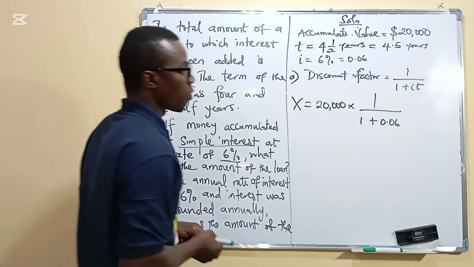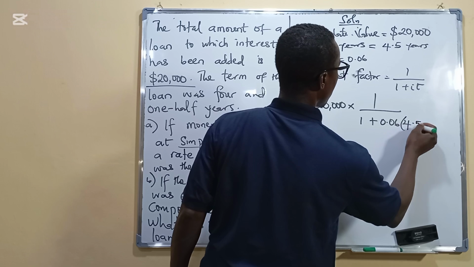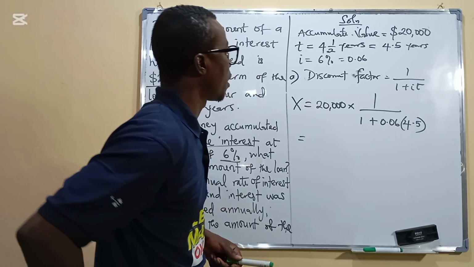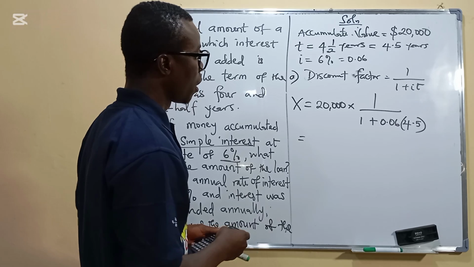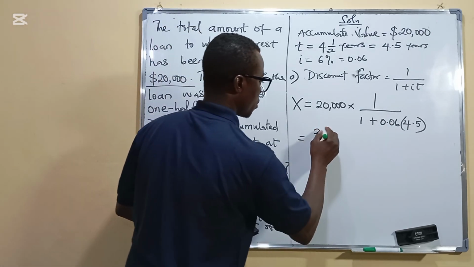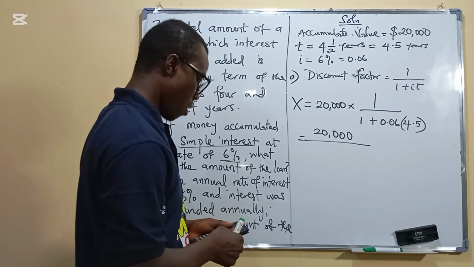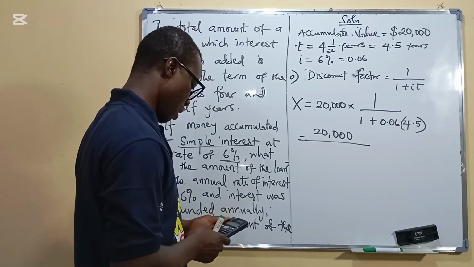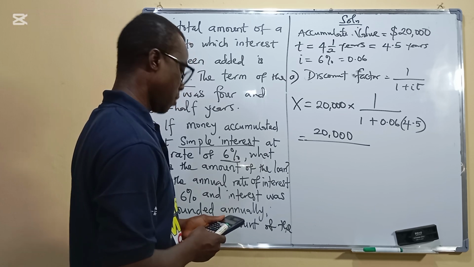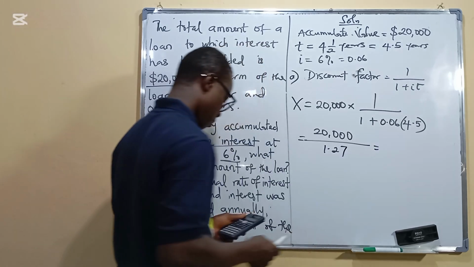Yes, so converting it to years, this is 4.5. And then it's a little bit of calculator work. So I'm going to have this denominator here. Let me say 20,000 over 0.06 times 4.5 and then plus 1. So I'm going to have 1.27.